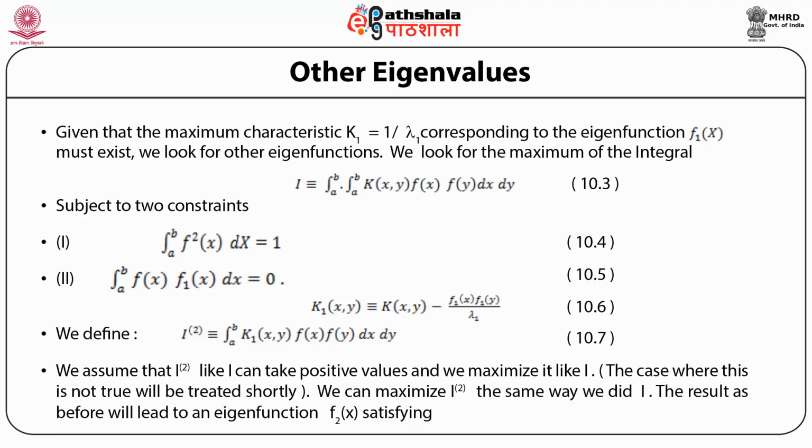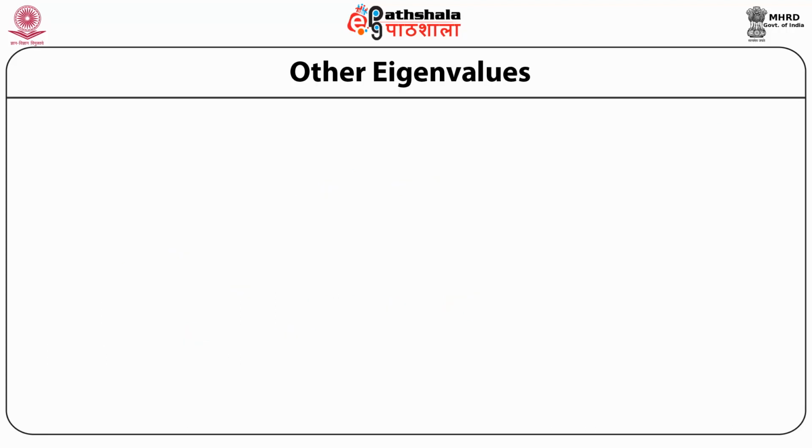We can maximize I2 the same way as we did I. The result as before will lead to an eigenfunction f2(x) satisfying the following conditions. Namely, f2(x) is equal to lambda 2 integral from a to b of K1(x,y) f2(y) integrated over dy, with lambda 2 greater than 0.